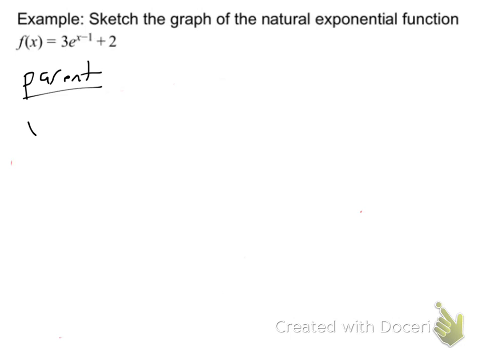Parent is y equals, take away all moving parts, 3, 1, negative 1, and 2, right? What's left? e to the x. Is this growth or decay? Growth, because e is 2.718, which is greater than 1.